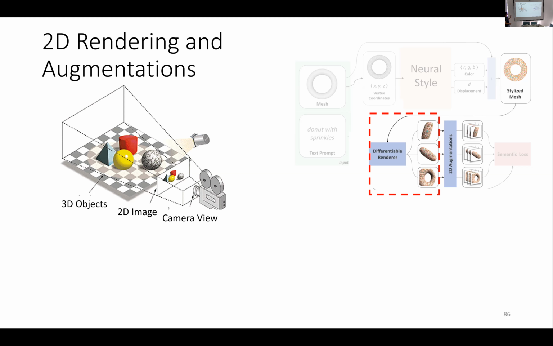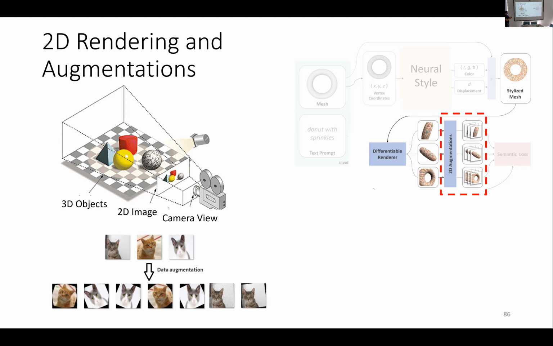This process can be done in a differentiable manner, by rendering multiple views of the input mesh. Once we have the different snapshots or views of this object, we can apply another set of data augmentations, such as local augmentations and global augmentations. This is a 2D representation of a 3D object, if you like.